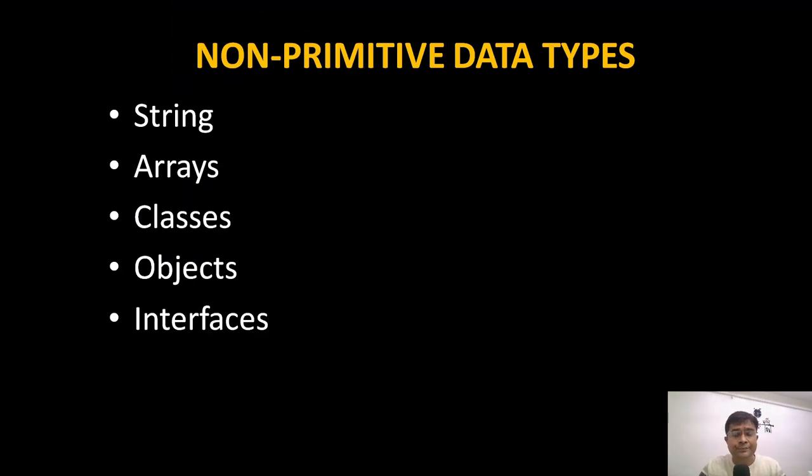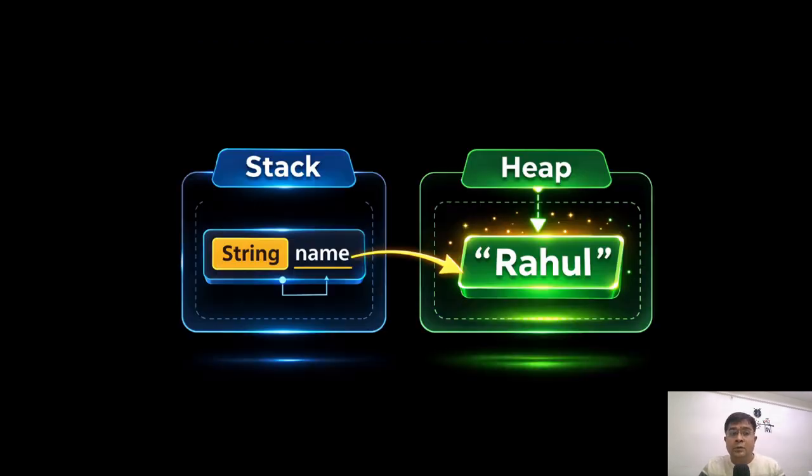Now on to non-primitive data types, which include string, arrays, classes, objects, and interfaces. The main difference is that non-primitive data types do not store the value directly. When we write String name = "Rahul", the variable does not store the value Rahul directly.